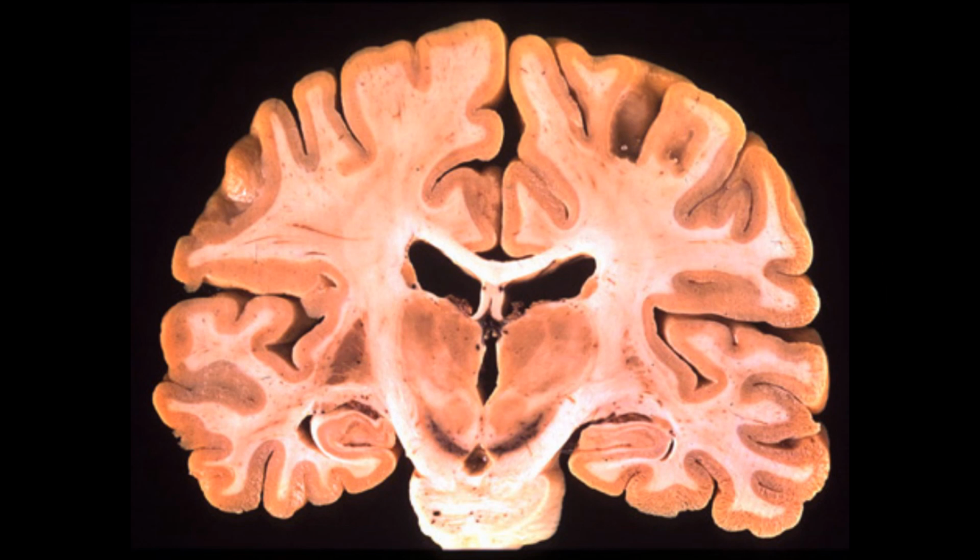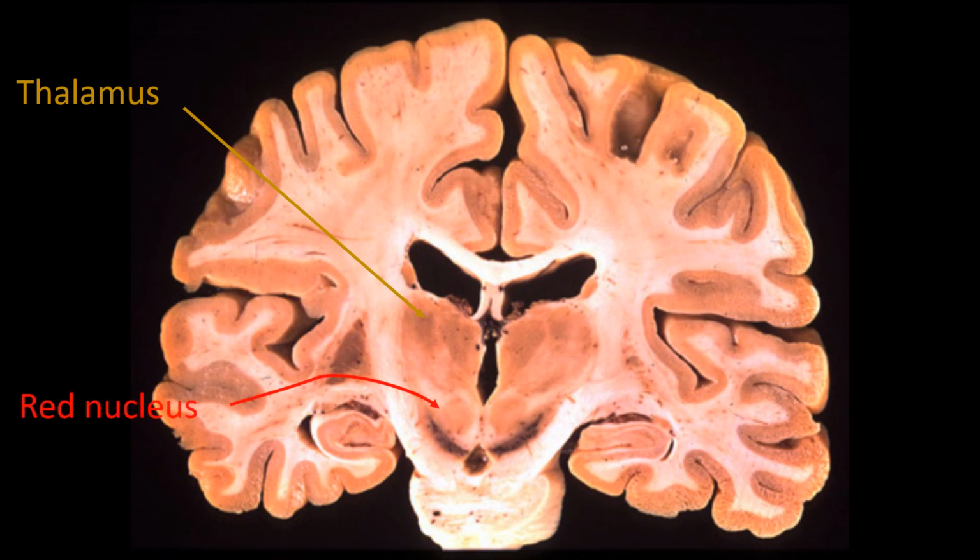In it, you can see the thalamus, also called the dorsal thalamus, the red nucleus, and the substantia nigra.